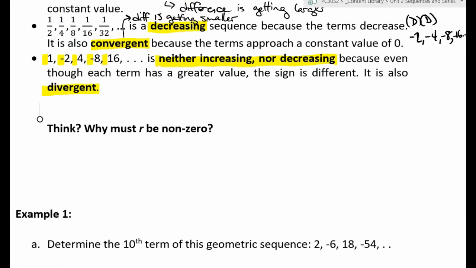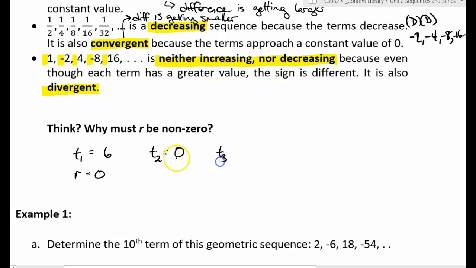So think about it. Why can R not be 0? That's my only requirement. Well, if I told you that term 1 was 6 and that R was 0, what would term 2 be? Well, term 1 times R gives me term 2, so it would be 0.